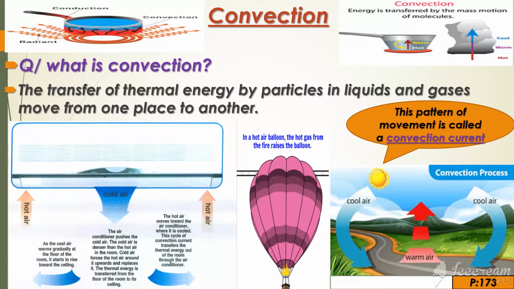As the hot air cools, its density increases and it sinks. This process can repeat. The air can move in a circle: warm air being pushed up, cooling, sinking, and then warming again.